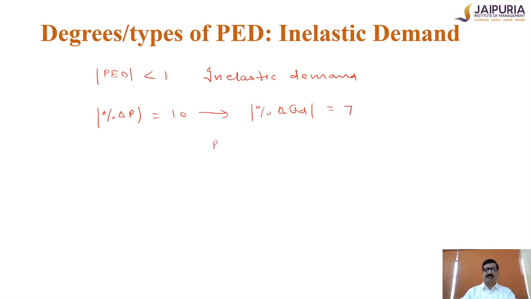So in this case, price elasticity of demand will be equal to 7 upon 10, that is 0.7. And you can see it is less than 1. It means the demand for this product is inelastic, which simply means quantity demanded changes at a smaller rate than the change in price of the product.